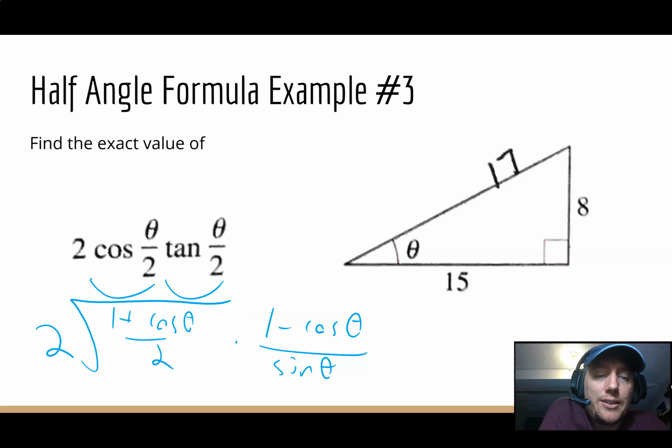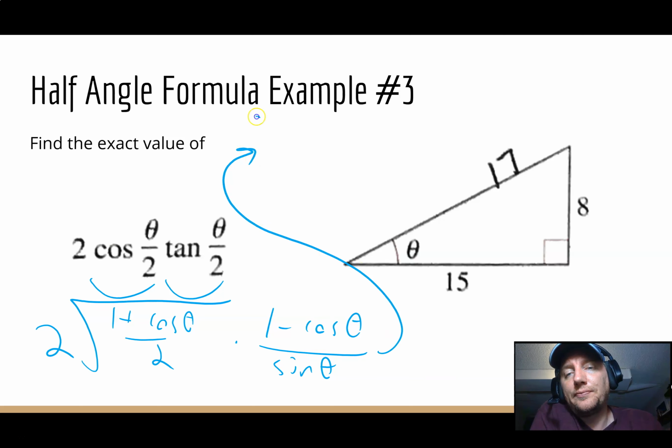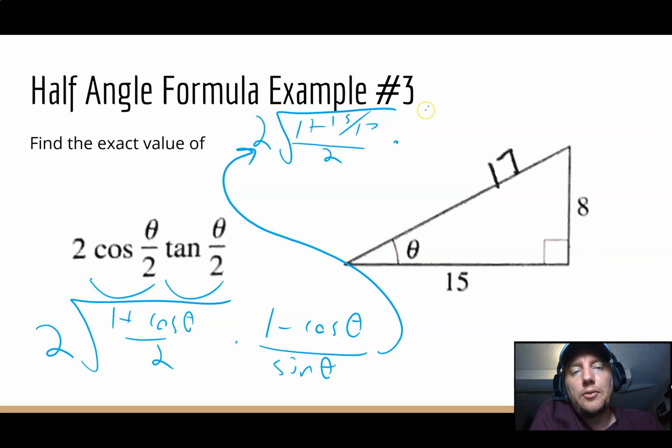At this point, I can rewrite it. I'm just going to move up here. 2 square root of 1 plus 15/17 over 2 times 1 minus 15/17 over 8/17.